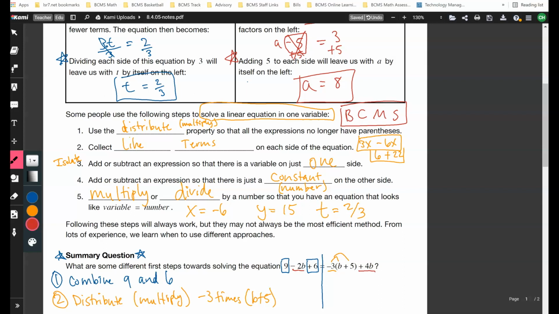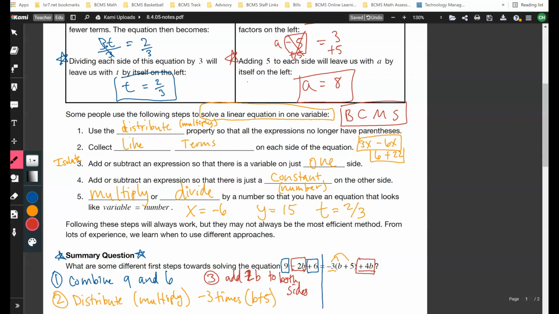I know I'm going to get another b term between this -3 times b, but before I even did that parentheses, since there's multiple terms on both sides, I could go ahead and try to simplify this by saying, okay, how could I move that -2b over here with that 4b? So my third step I could actually do would be to add 2b to both sides, okay? I could actually do that step even before the distributive property.